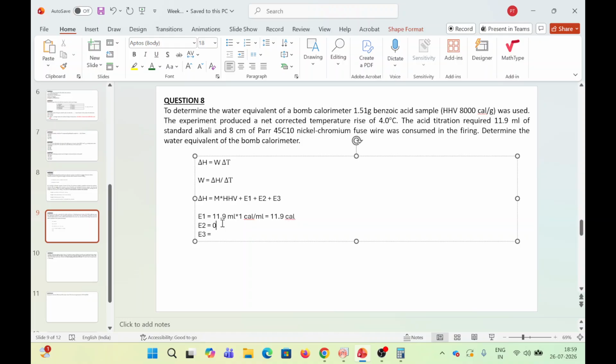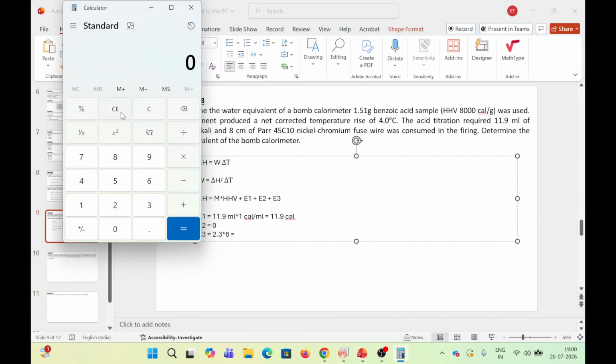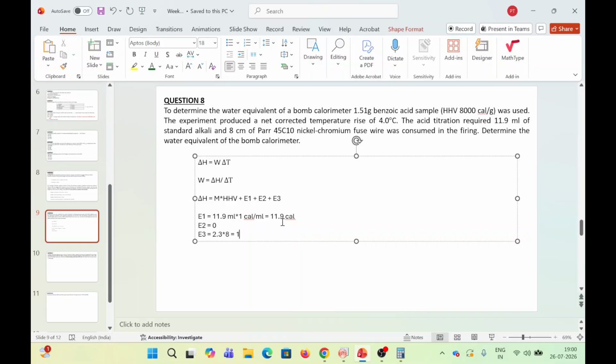E2 will be 0 and E3 is going to be 2.3 times 8 centimeters. So how much is that value? 18.4.